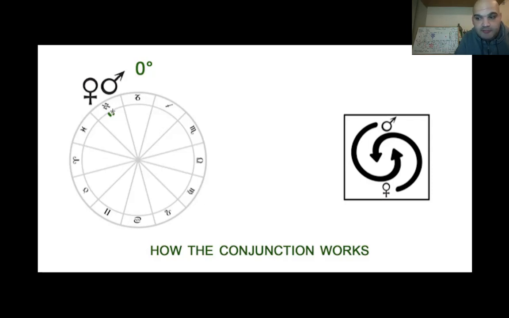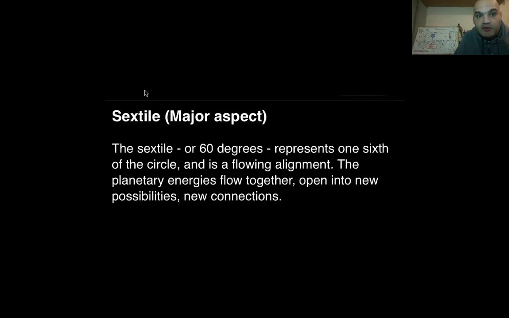So moving on, the next aspect is called the sextile, or 60 degrees, which represents 1/6 of a circle, and this is a flowing alignment. The planetary energies flow together, opening into new possibilities and new connections.